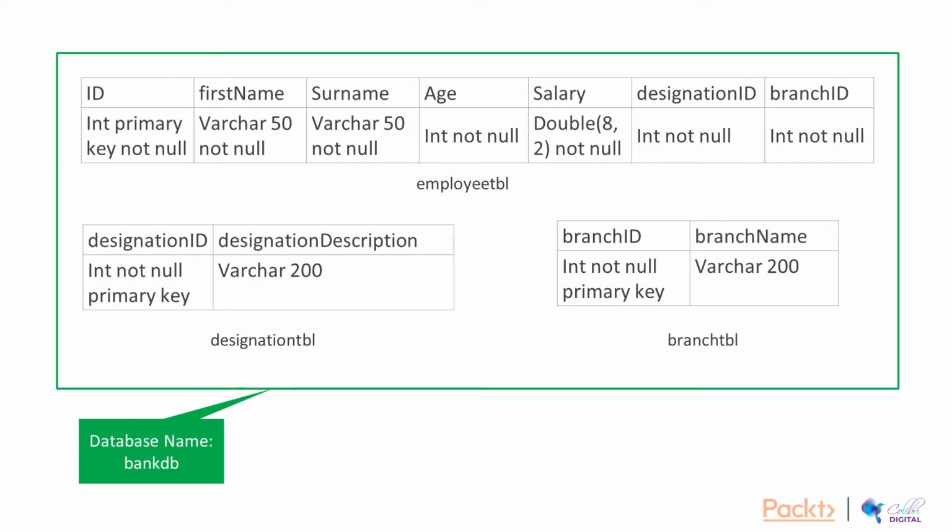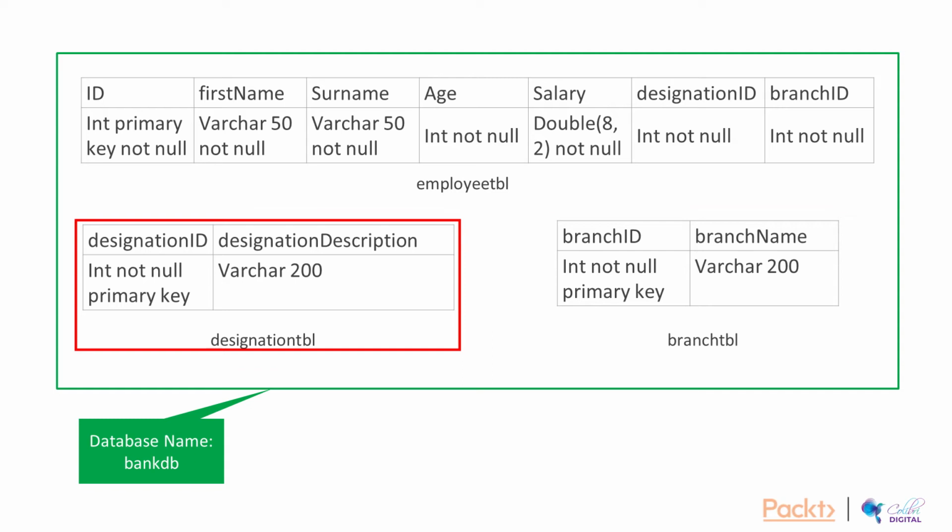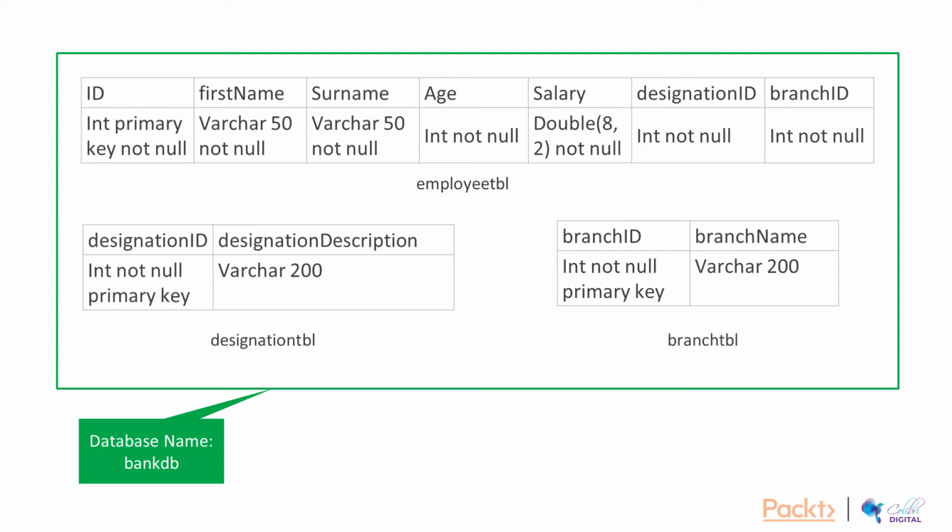Now we're going to be using our database that we called BankDB, and of course this database consisted of our three tables: the employee table, the designation table, and the branch table. People, I want to make you well aware that I'm only going to be doing the updates, inserts and searches on the employee table.